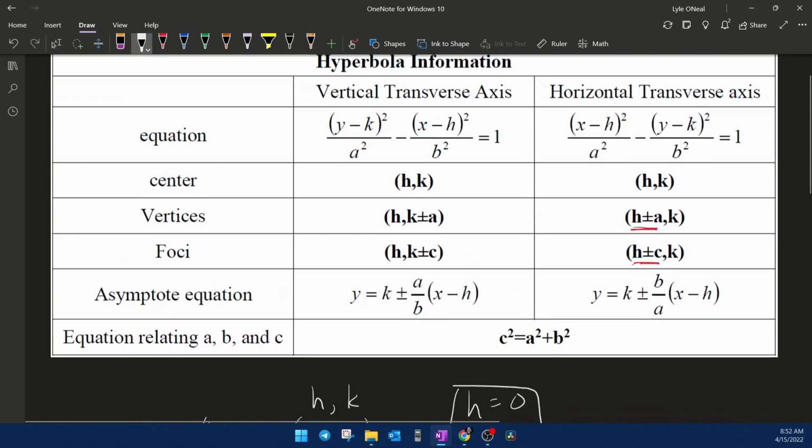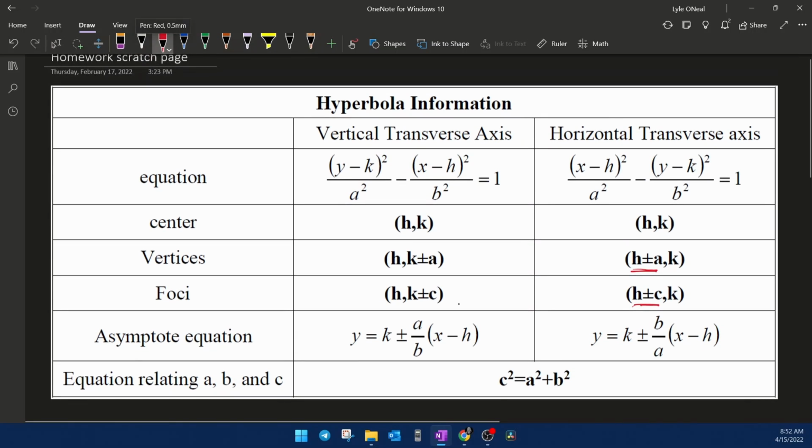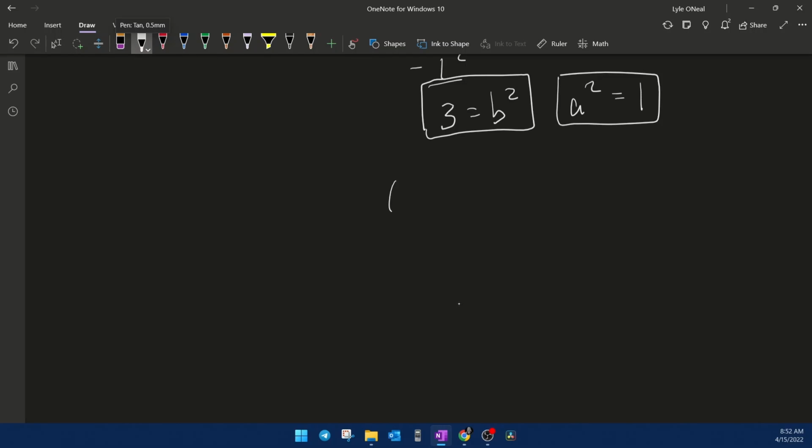And so now if we scroll up, we can plug and play into our equation for the hyperbola. That's going to give us x minus 0 squared over a squared minus y minus 0 squared over b squared equals 1.